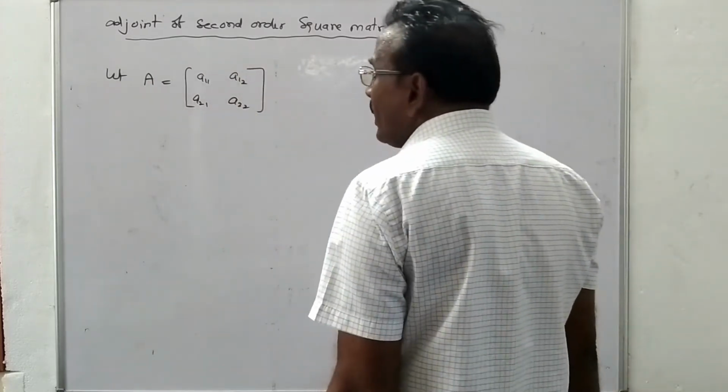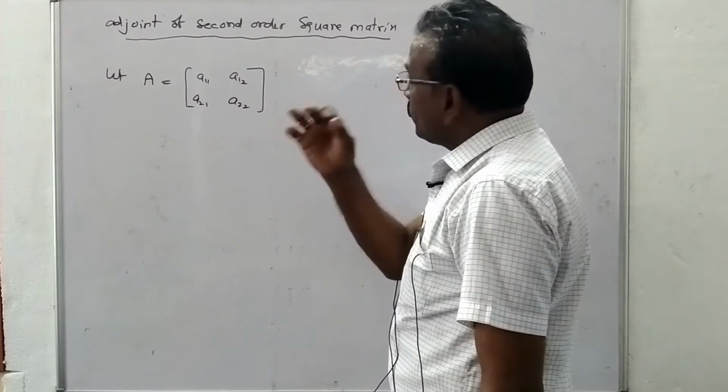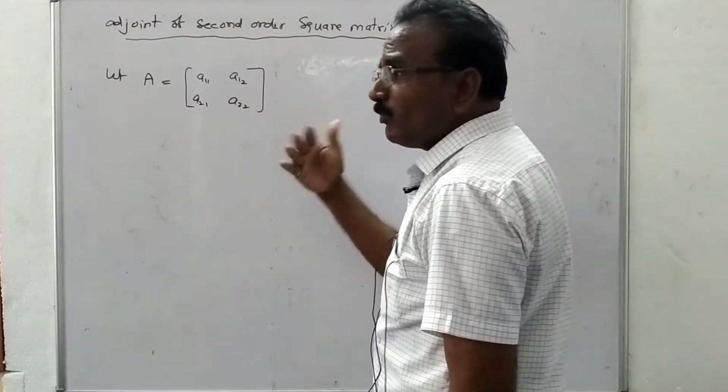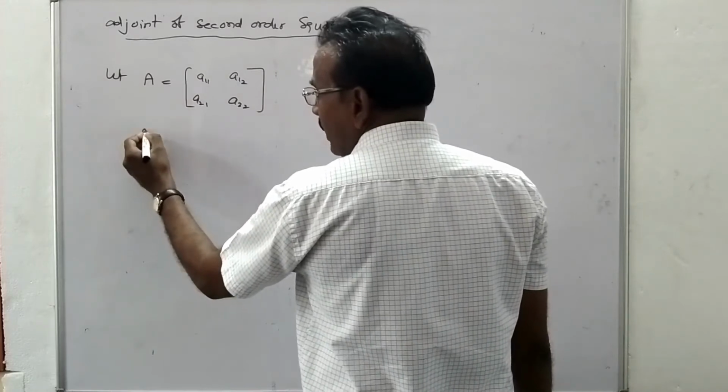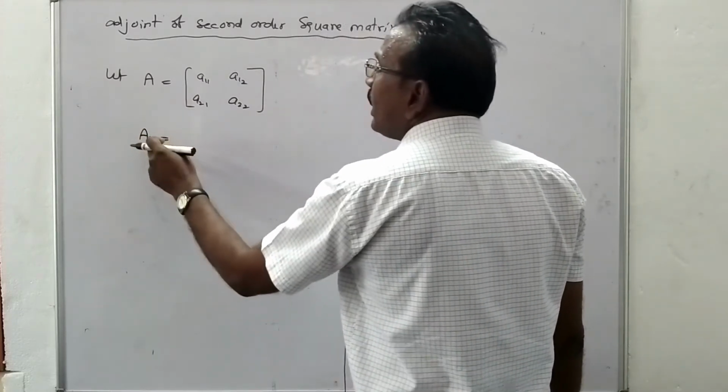Here the adjoint of matrix A is obtained by the transpose of the cofactor matrix. First find the cofactor of A11, that is capital A11.